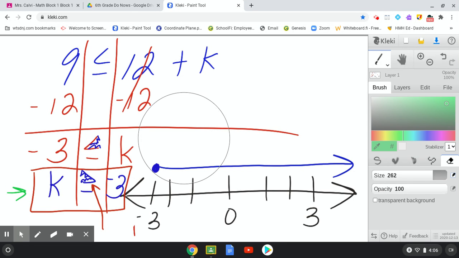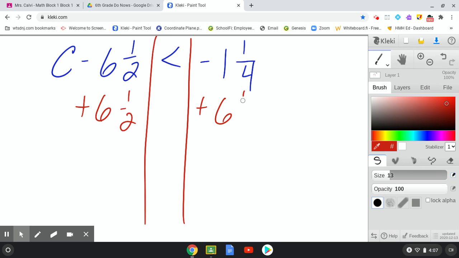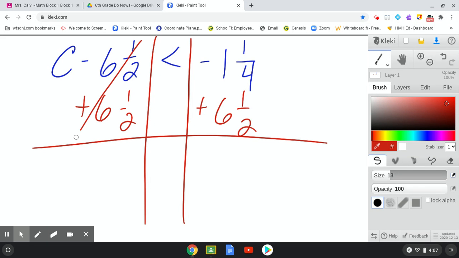All right. Okay, last one. C minus 6½ is less than -1 1/4. So I need to get rid of this -6 1/2. I'm going to add 6 1/2 to both sides. The 6 1/2s on the left cancel, drop down my variable, drop down my less than symbol.